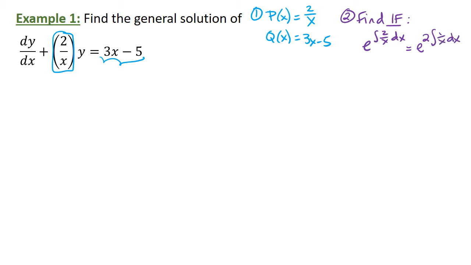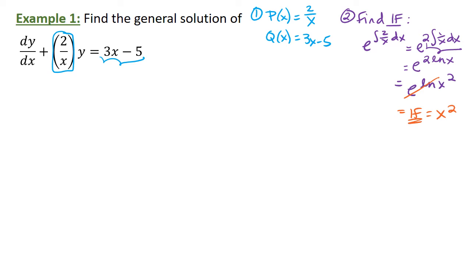And then you should be able to identify that this becomes e to the 2 times the natural log of x. Continuing to simplify this, you may want to use the properties of logs and rewrite that 2 as an exponent, so it becomes e to the natural log of x squared. The reason I want to do this is because the e and the natural log will cancel out, giving me an integrating factor of x squared.